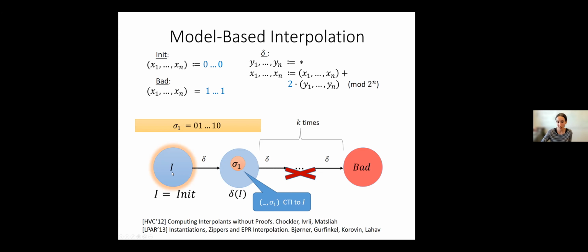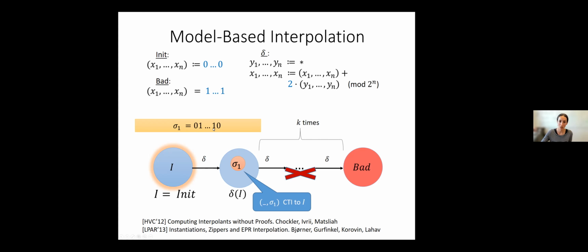If we ask whether I is inductive and the answer is no, then taking the post state of the CTI is exactly a state in the post image of I. So we take such a state, and for example, here, this could be our state.